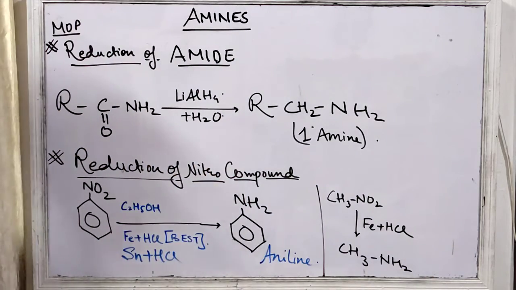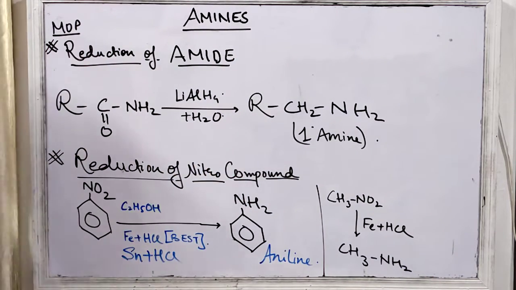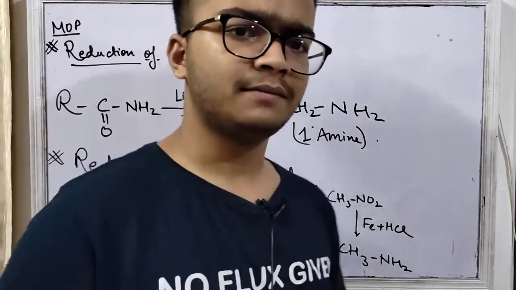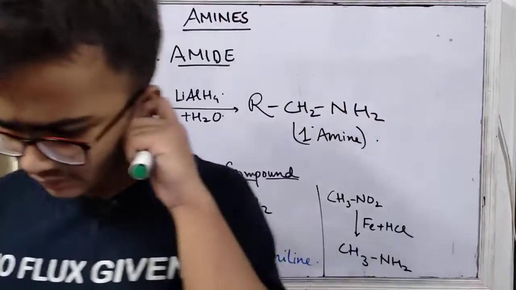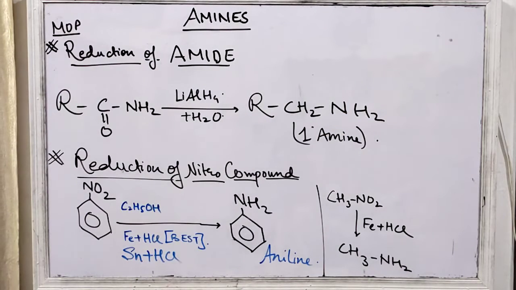Clear? So copy it. After this, we will do the two name reactions, which are the Gabriel phthalimide synthesis and the Hoffmann bromamide synthesis. So let's copy it. Done. Clear?